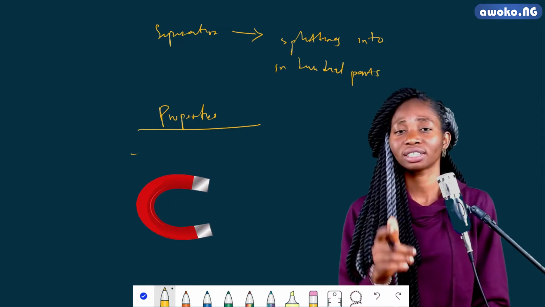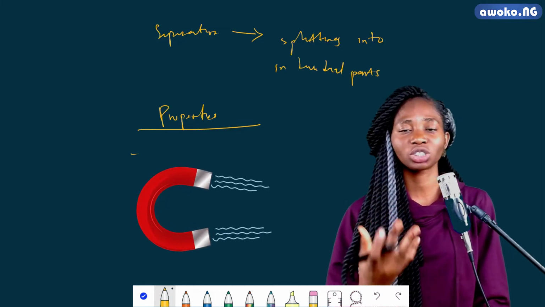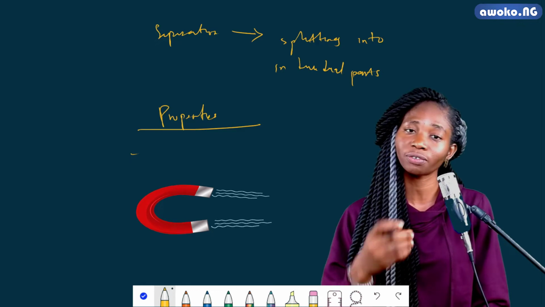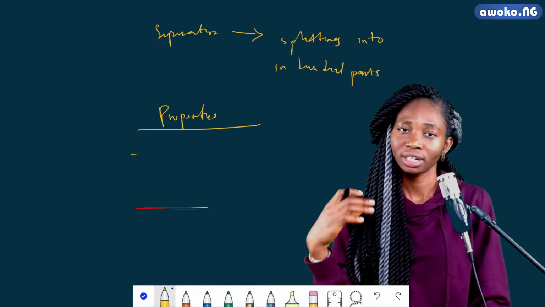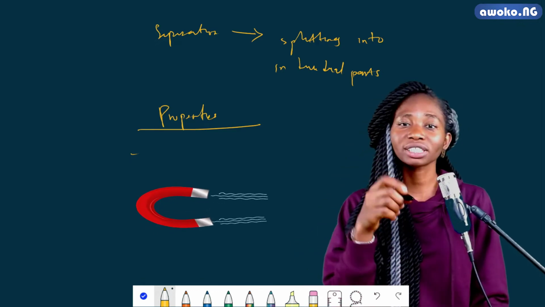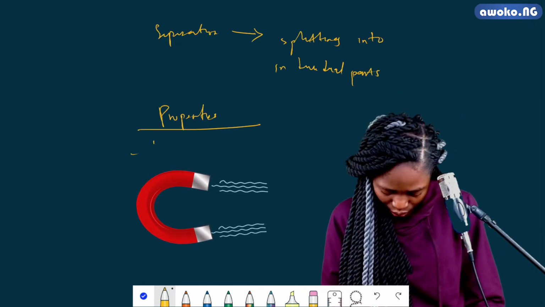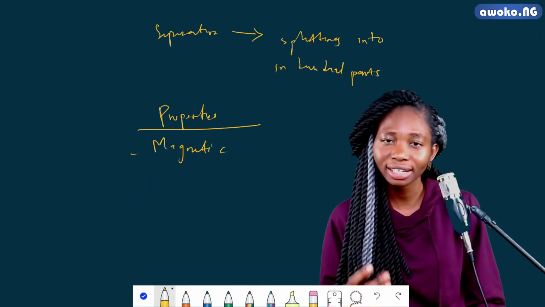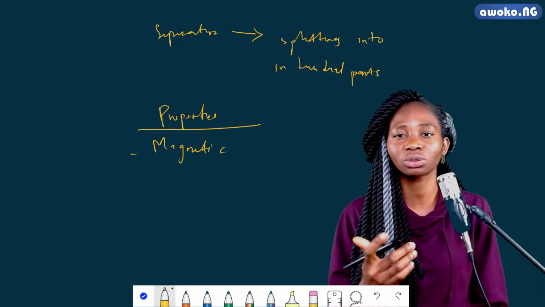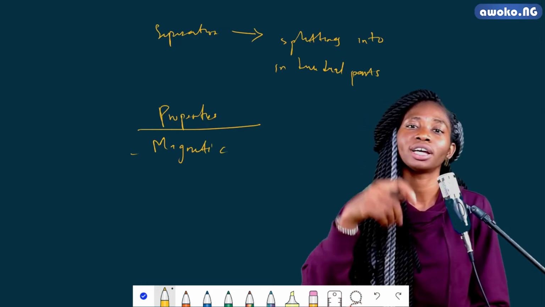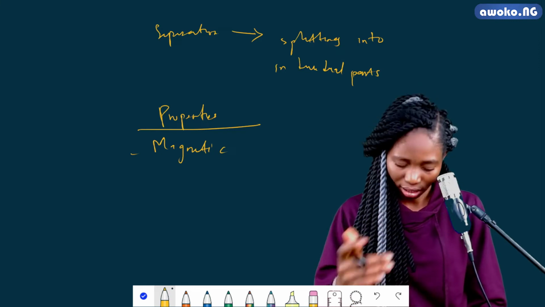You figure out that the bar magnet actually attracts the particles of magnet from the mixture because the particles of magnet have the magnetic property. So the bar magnet can easily attract the particles of magnet, separating it from the mixture of sand and magnet.